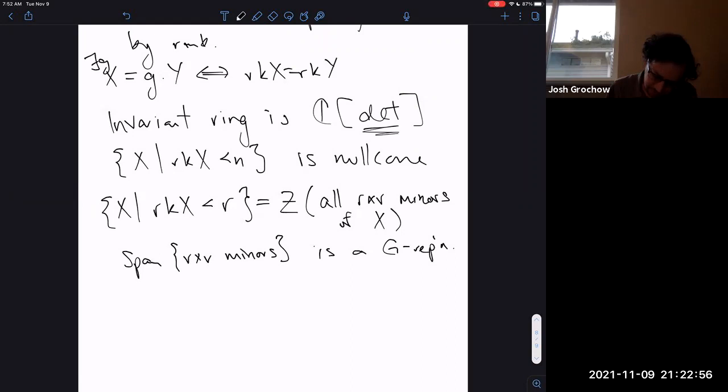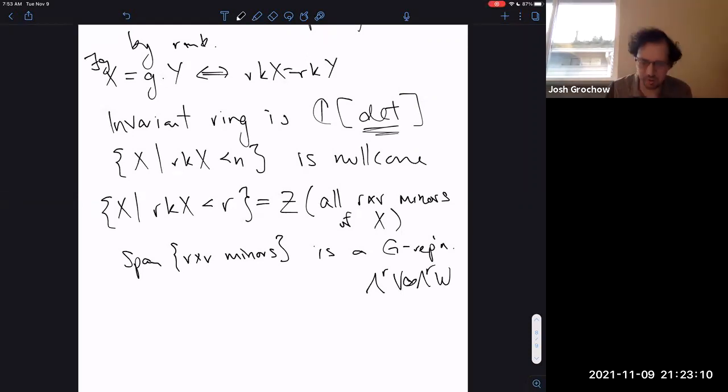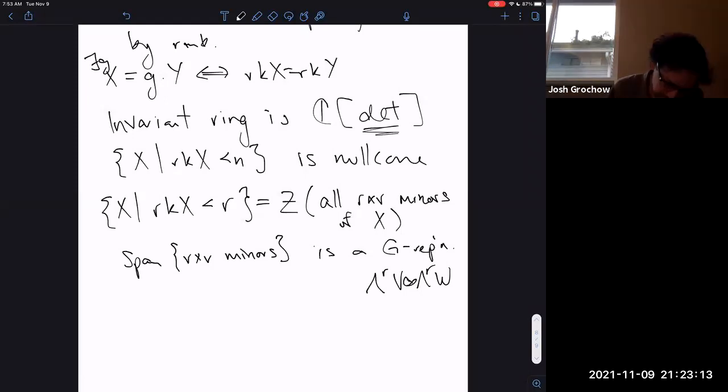In fact, this would often be written as wedge R V tensor wedge R W if our original space was V tensor W. So n by n matrices V tensor W, and we have our group GL(V) cross GL(W) acting.